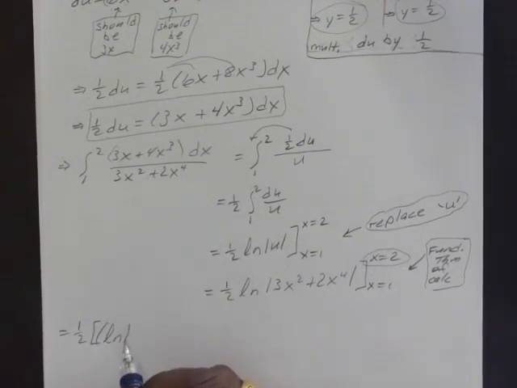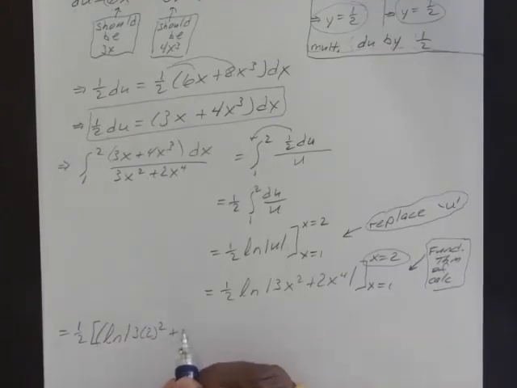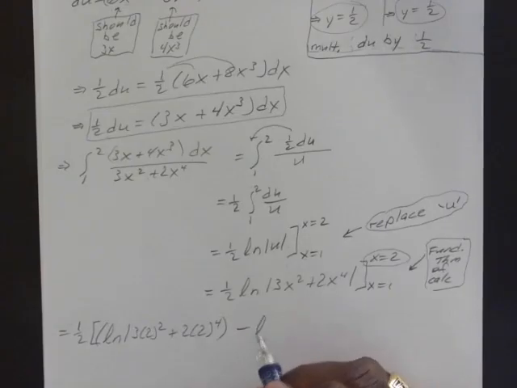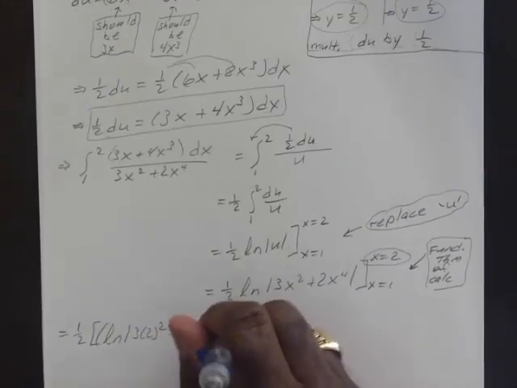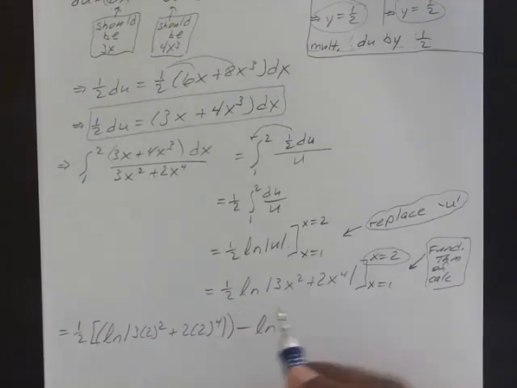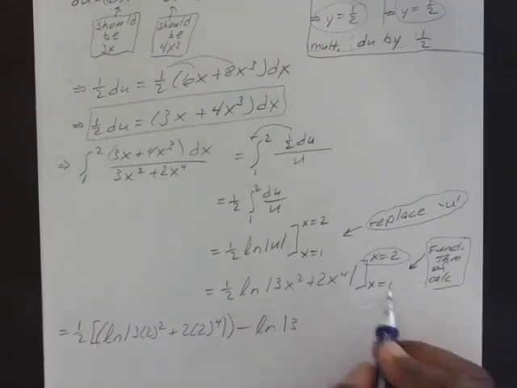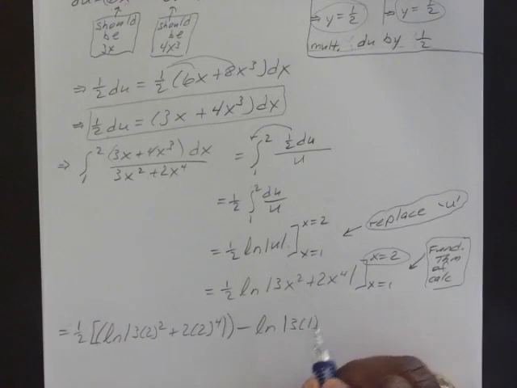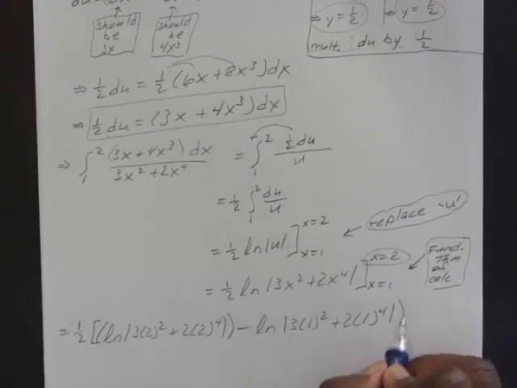That's the natural log of 3 times 2 squared plus 2 times 2 to the fourth power, minus, plug in our lower bound, the natural log. Oh, forgot my other absolute value symbol. There we go. The natural log of 3 times 1 squared plus 2 times 1 to the fourth power.